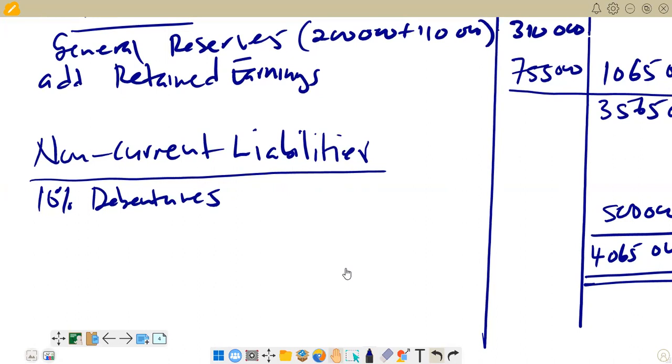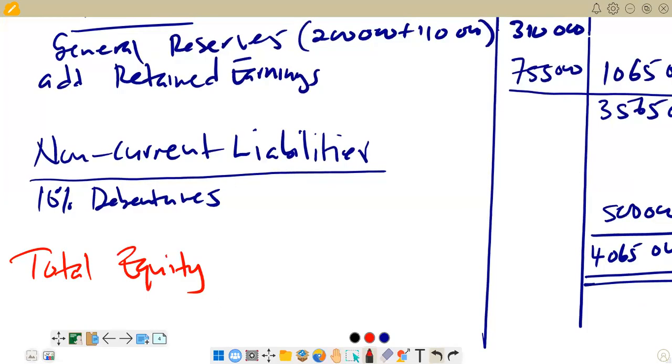So this figure that we got here is the total for equity and liabilities. This is the figure for total share capital and liability.